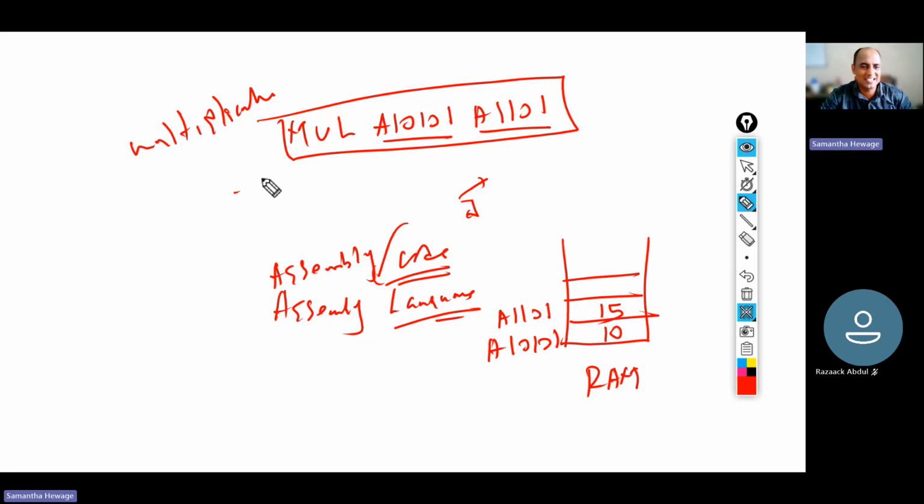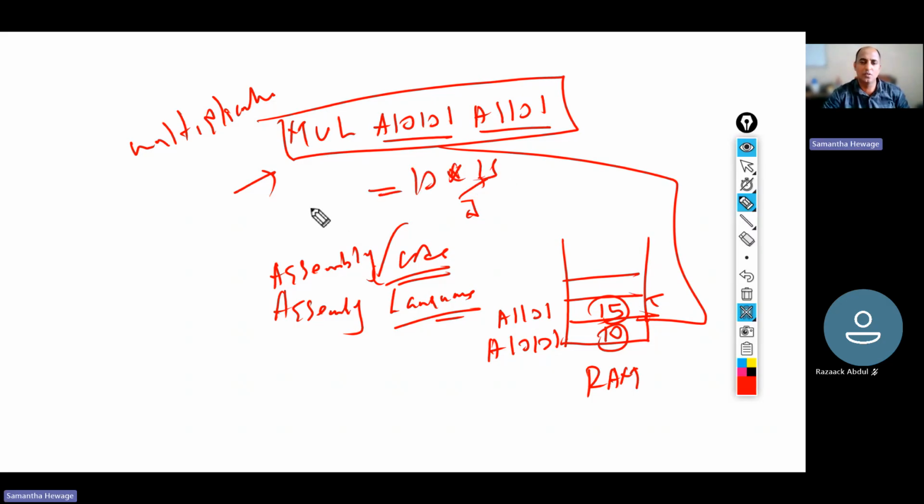So if you run this instruction set in your computer using the CPU processing speed, what will happen? They first have to find where this memory register and this memory register are, get the values, 10 and 15, and multiply. 10 into 15, 150, something like that.